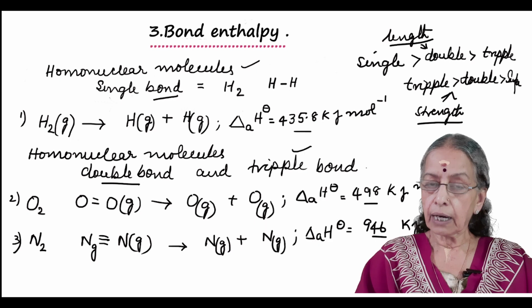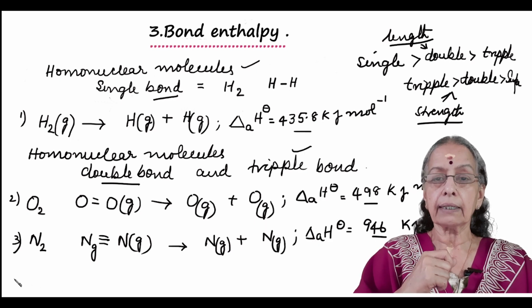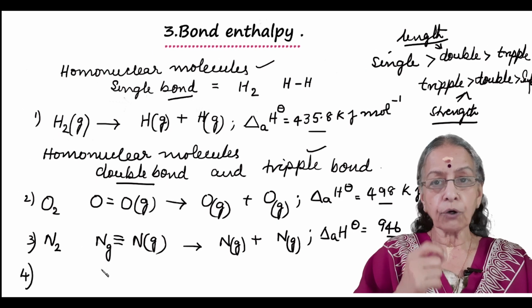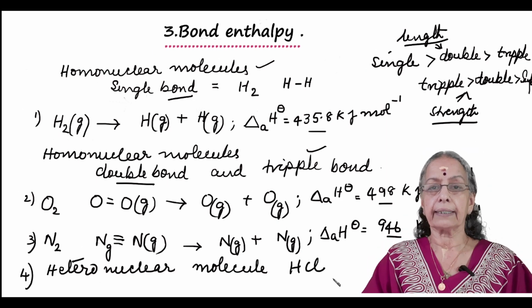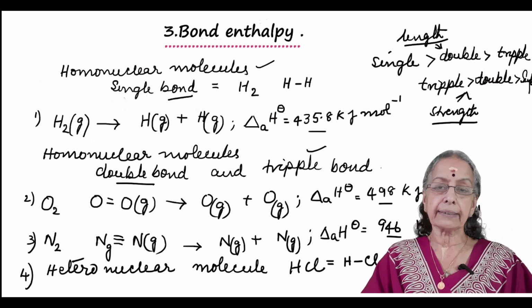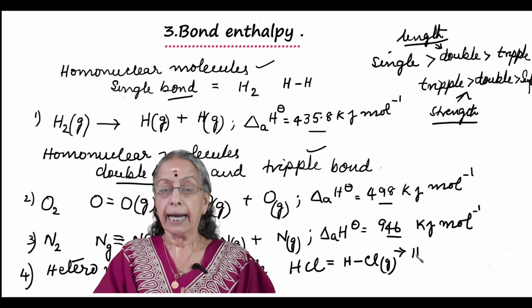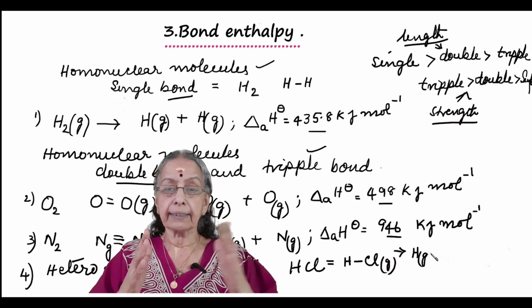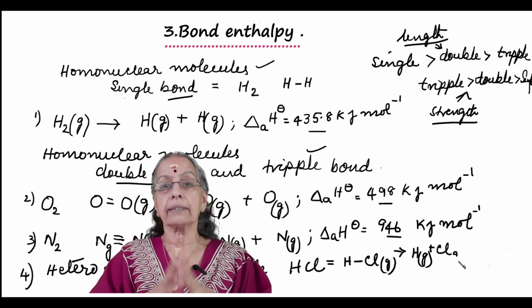Now let us take up another example, heteronuclear molecule, of course with single bond only. Example, hydrogen chloride, H single bond Cl. 1 mole of hydrogen chloride gas absorbs sufficient amount of energy and gets broken up into gaseous atomic hydrogen and gaseous atomic chlorine.